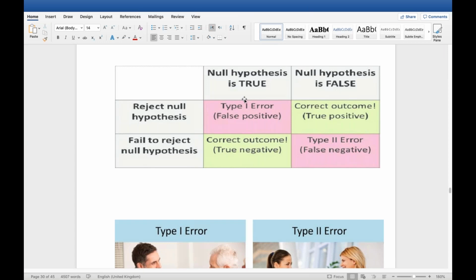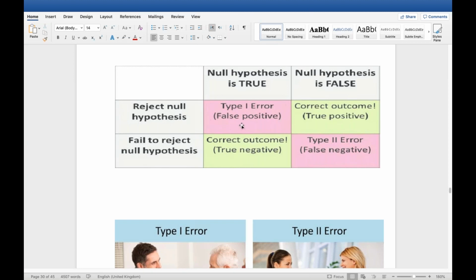In other fields of science, they have other numbers. But in medicine, it's okay to have a p-value less than 5%. We would say that's a statistically significant result. We can reject the null hypothesis confidently.